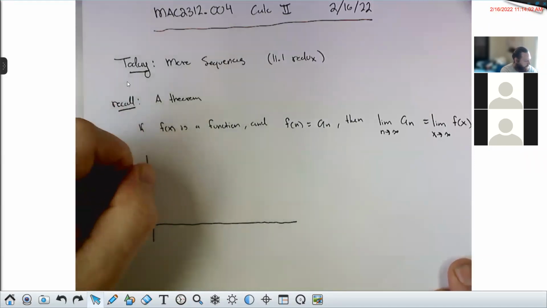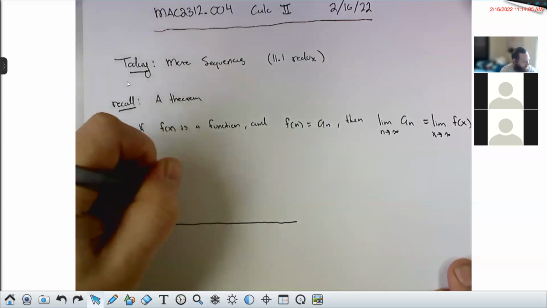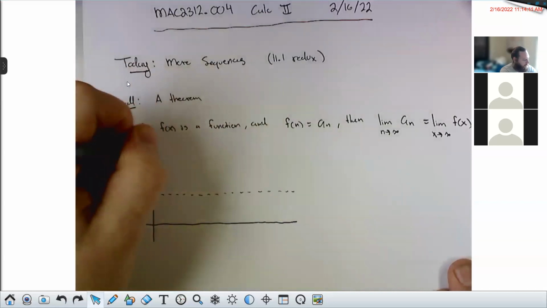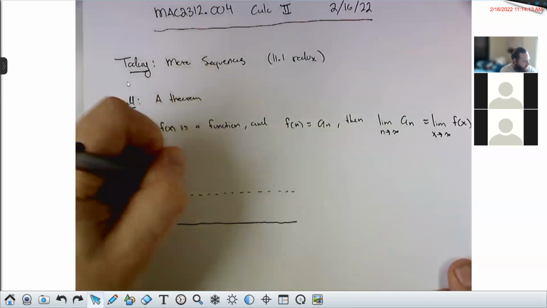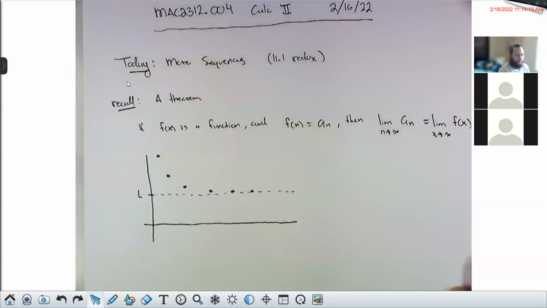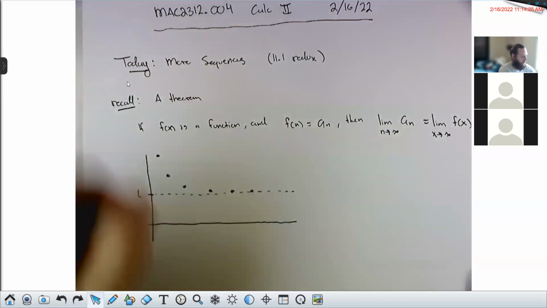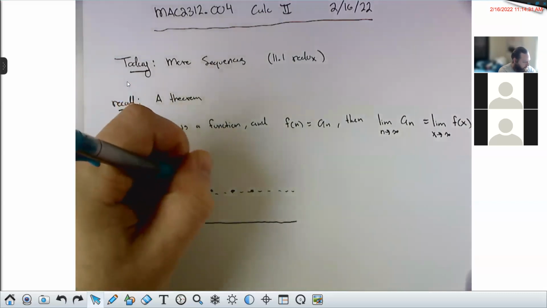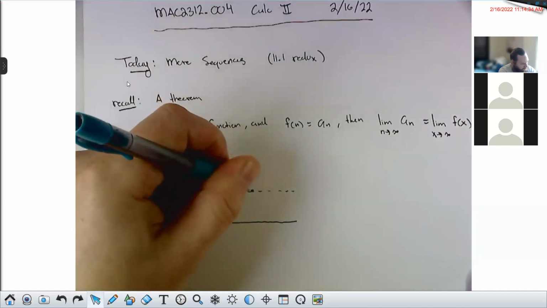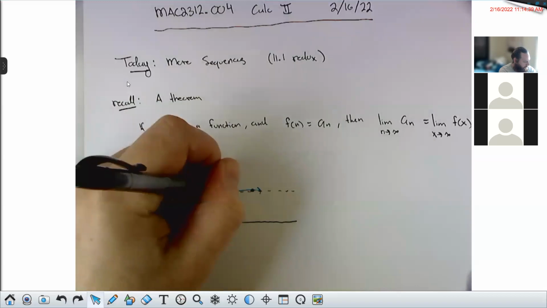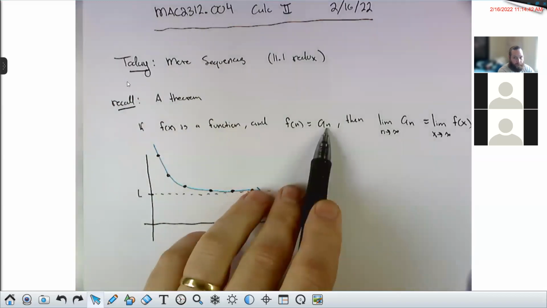We'll say if your sequence is looking something like this, where the terms of the sequence are getting closer and closer to L, and you think the limit of that sequence is L, then the function f of x would look something like this. That's what this condition that f of n is equal to a_n tells us.